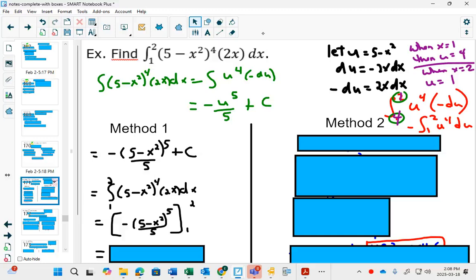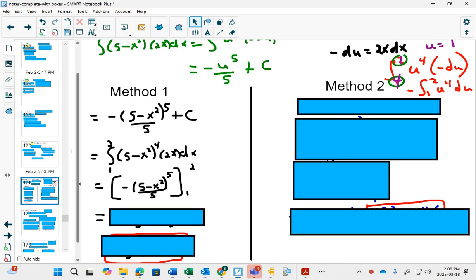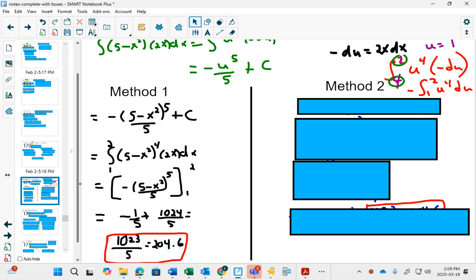So I ignored the bounds and just integrated to get the answer. Then I started again with the bounds and didn't show any u work to get to the next part, fundamental theorem of calculus part 2. And from this, we could plug in and evaluate 1023 over 5.